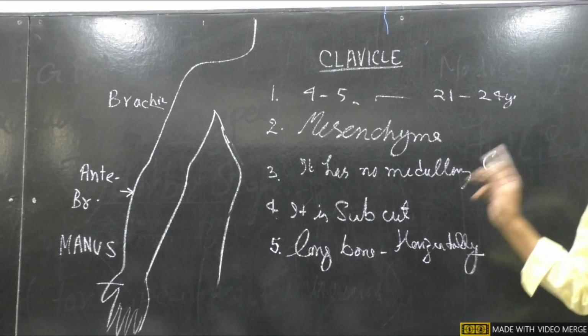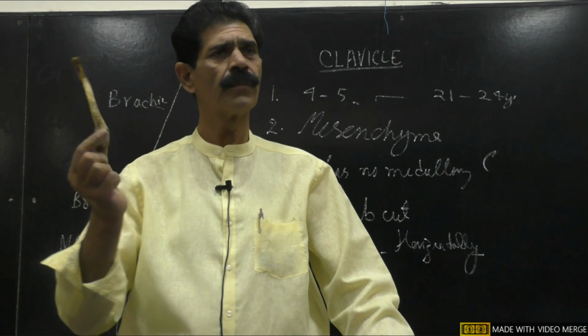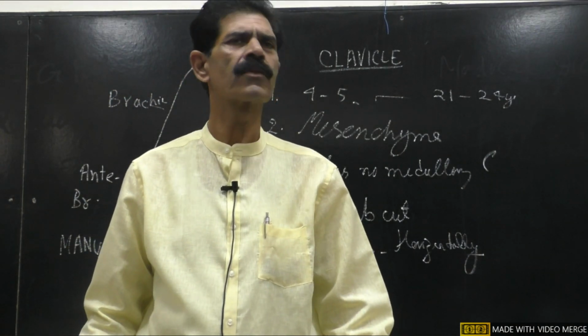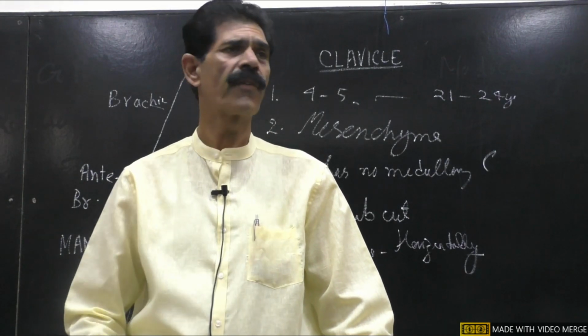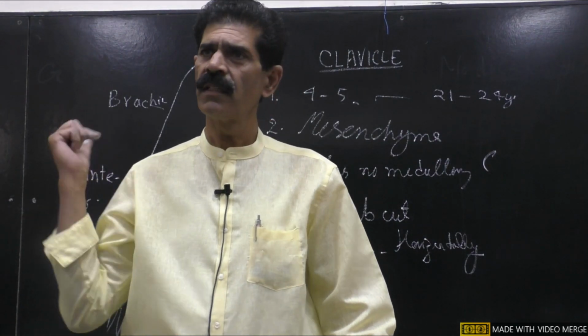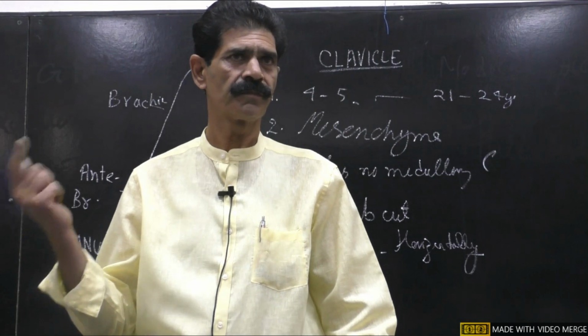Vertically. This is included in the long bones, but lies horizontally in the body. So these are the 5 special features. There are many other features also, but these should be on your fingertips. 5 fingers, 5 features, the priority list.